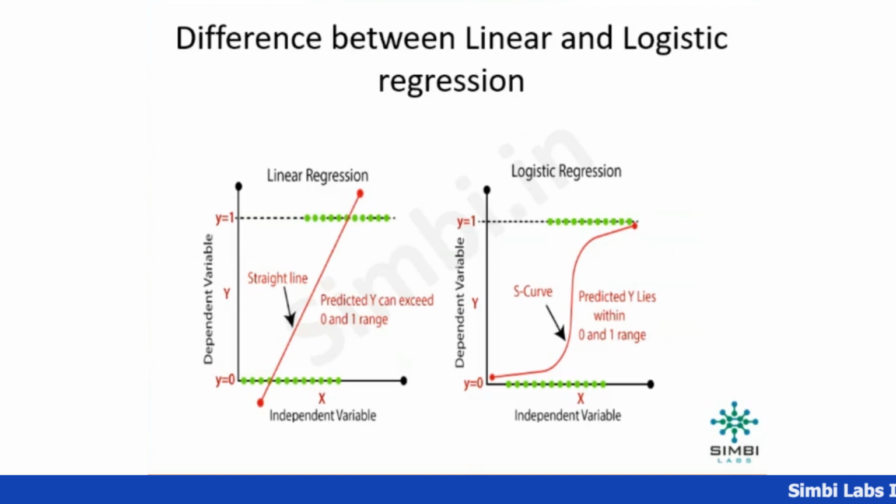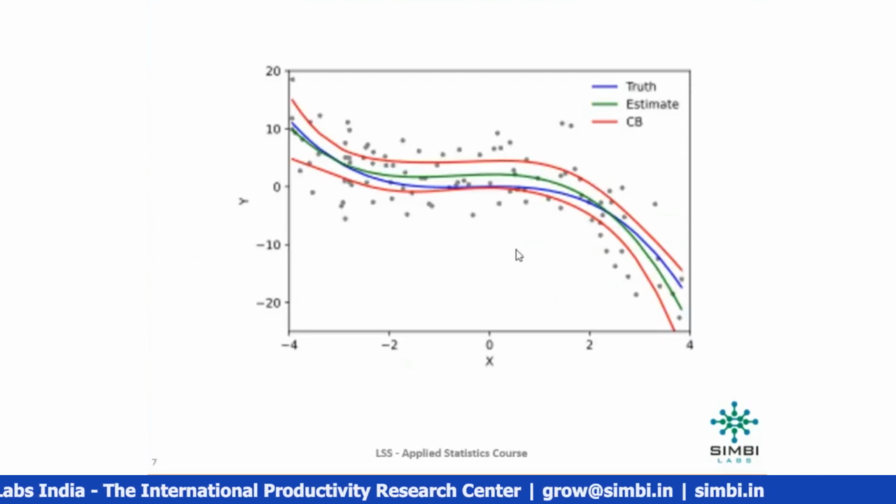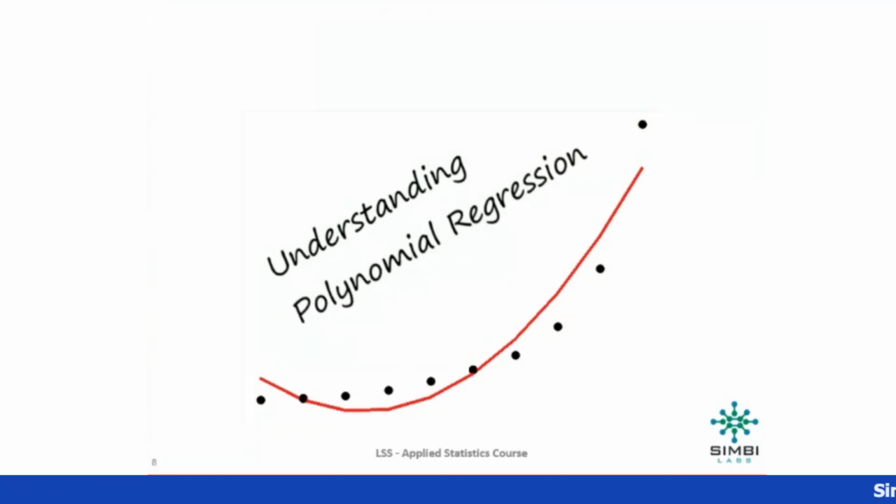Polynomial regression is needed when there is no linear correlation fitting all the variables. So instead of looking like a line, it looks like a non-linear function. Why does it look like a non-linear function?